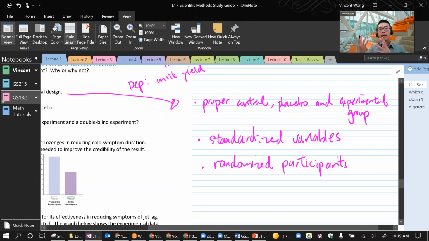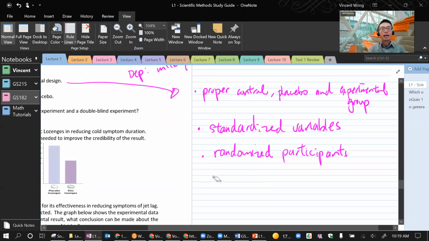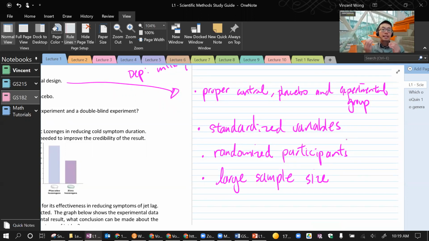You want to have well-mixed groups while keeping in mind the standardized variables. And then also you want to have a large sample size. You don't want a study that only has 10 people, right? You want to involve as many people as possible, because statistically speaking, the bigger the sample size, the more accurate your result is going to be.